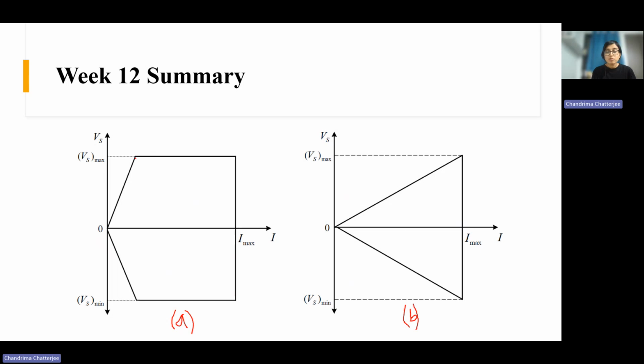The voltage is maintained constant irrespective of the line current. That is the voltage control mode. This is the control range, from here to here.